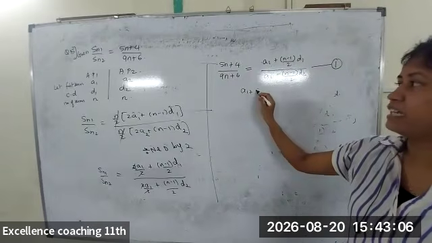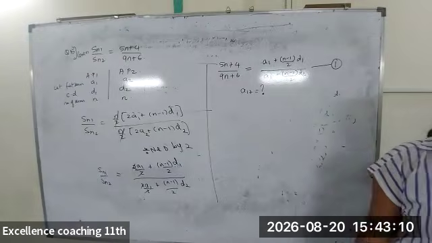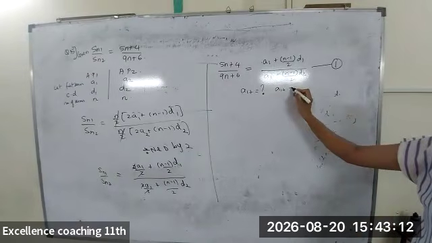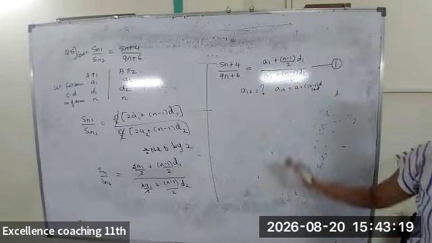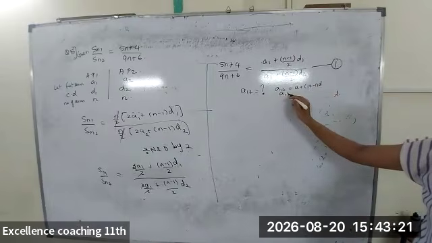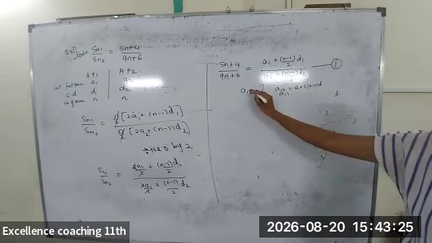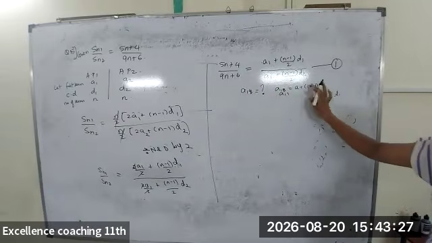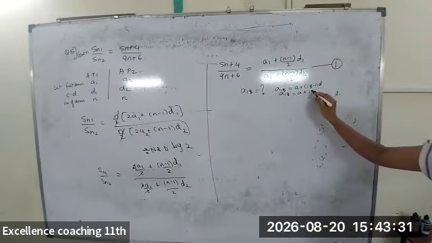Now A17 is our 17th term. So what will A17 be as per the general term formula? A plus (17 minus 1)D will be 16D. The 18th term is asked. Okay, sorry. So that means this will be 17D.